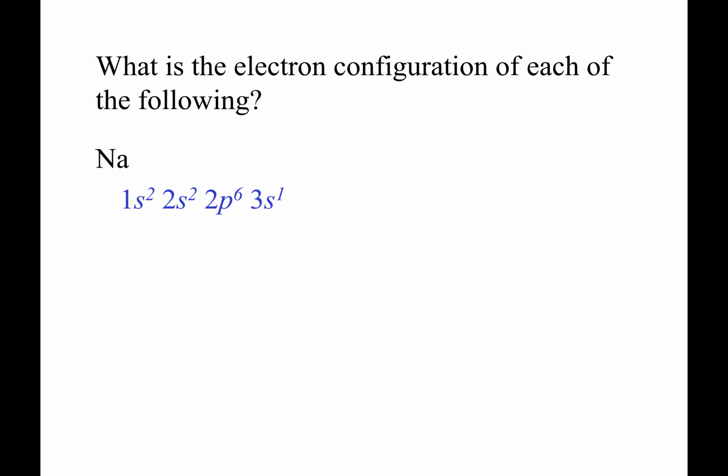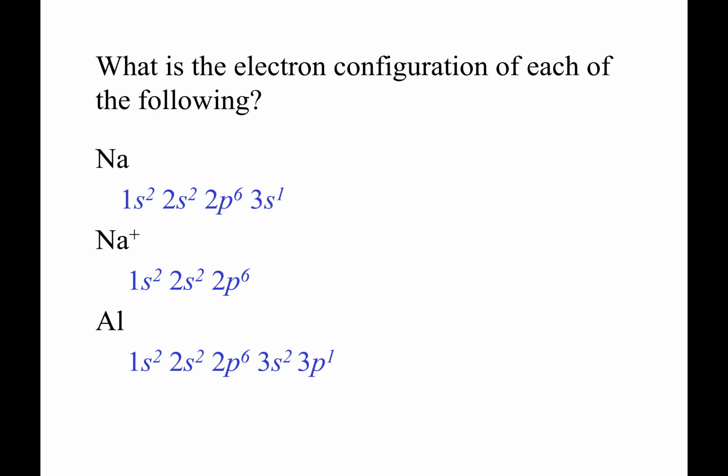Now, what's the highest N? 3. Very good. How many electrons are there in N equal to 3? Just 1. Yep. So when I write Na+1, all I'm going to do is write it minus the 3s1. It goes 1s2, 2s2, 2p6.